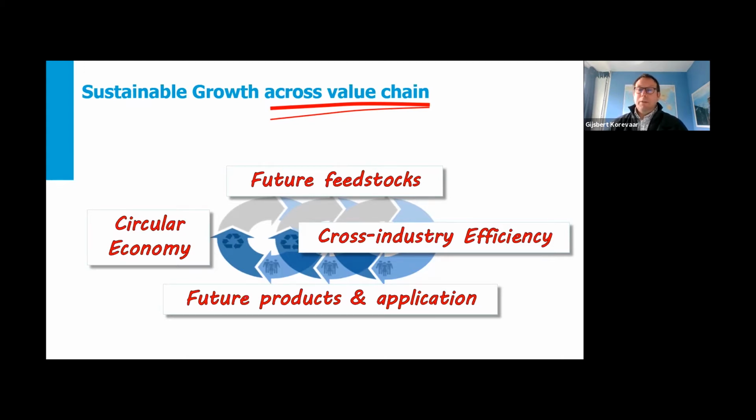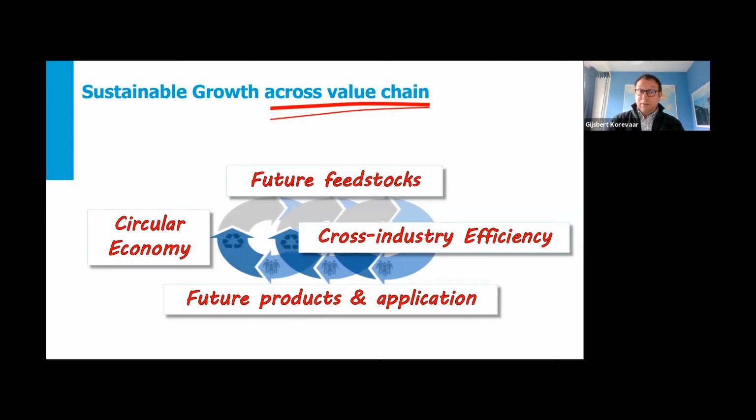Now that combination of cross-industry efficiency and new feedstock, you could say, is the shortest definition of what we call industrial symbiosis. So that the industry is much more in a symbiotic system, an ecosystem, in which resources are shared, in which new types of feedstocks are developed, new types of products.